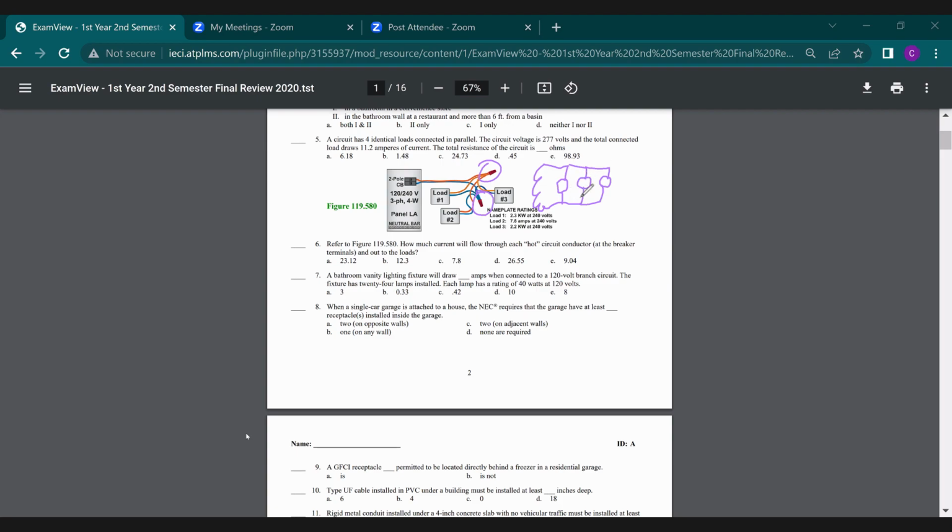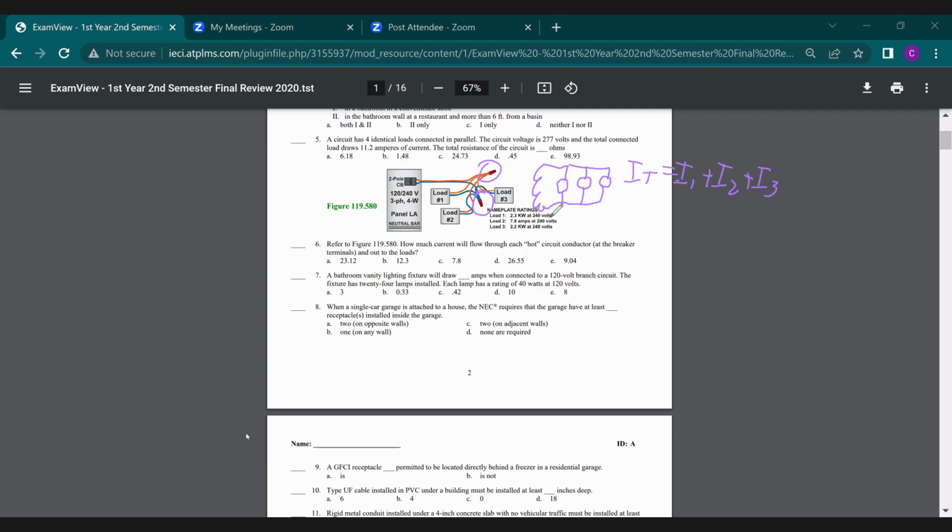So we're in parallel here. In parallel, I know that my I total equals I1 plus I2 plus I3, just like that. So if I know that my amps add up, I can just figure out how many amps each of these loads gets, and then I can use that and total them up.